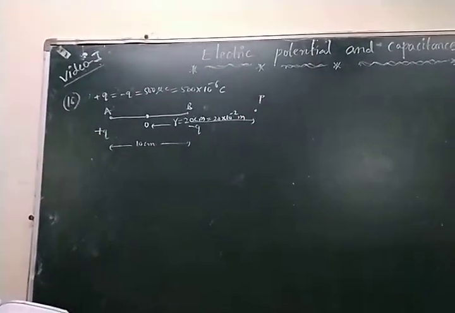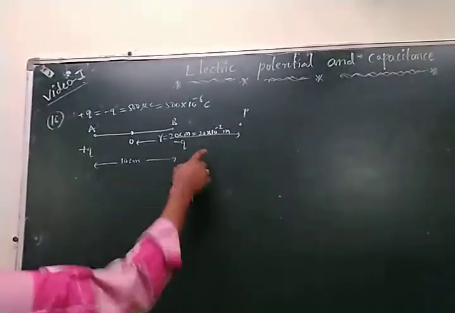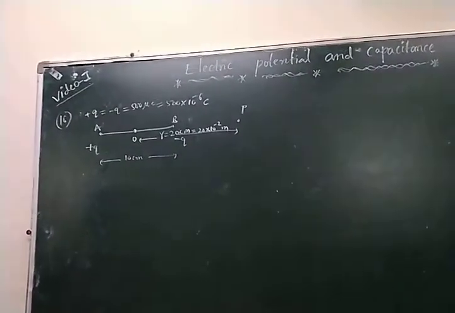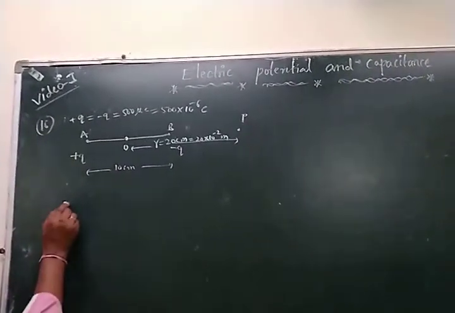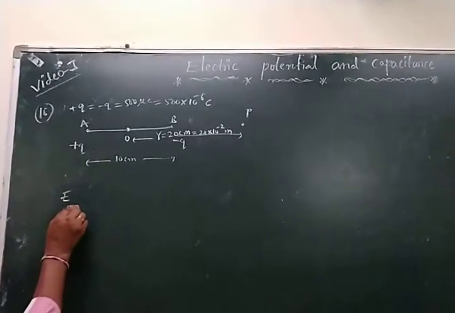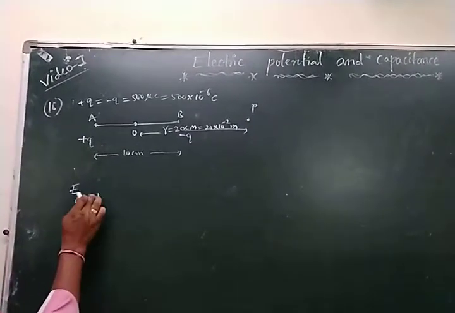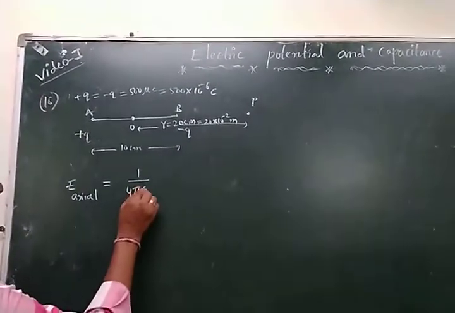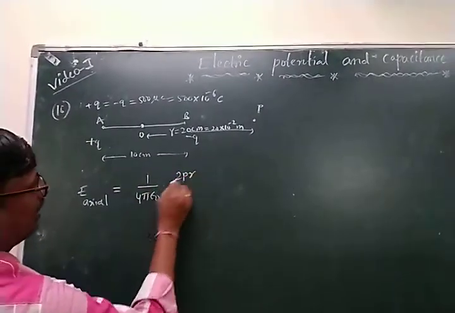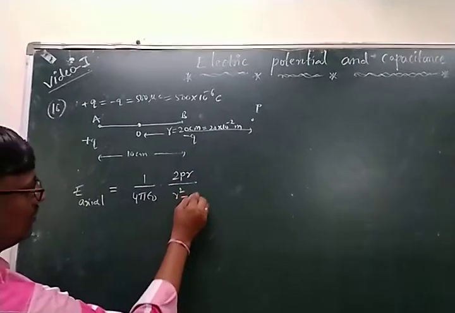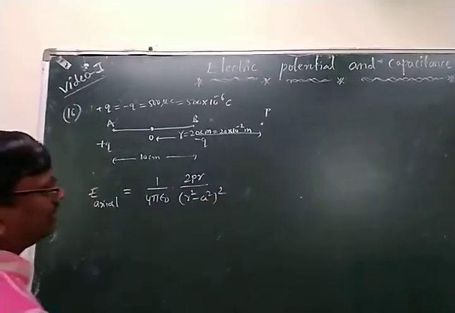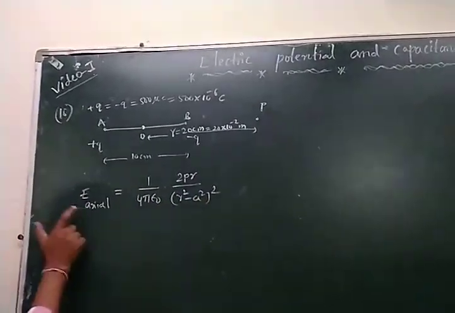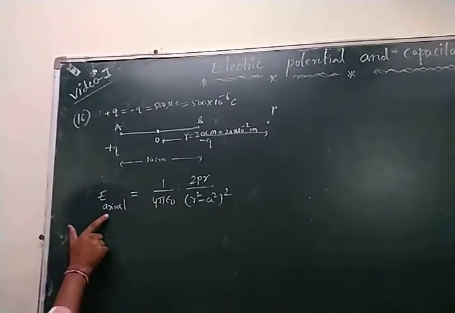From the charges, find the electric intensity at a point on the axial line. What is the formula? It is 1 by 4 pi epsilon naught, times 2 p r divided by r square minus a square whole square. So this is the formula for the electric intensity on the axial line.